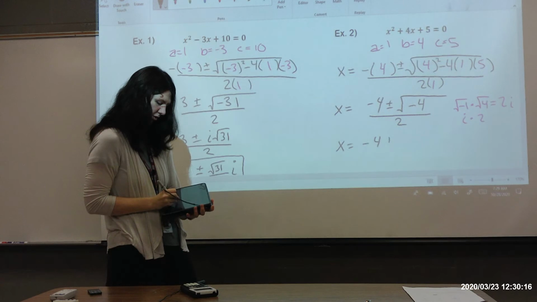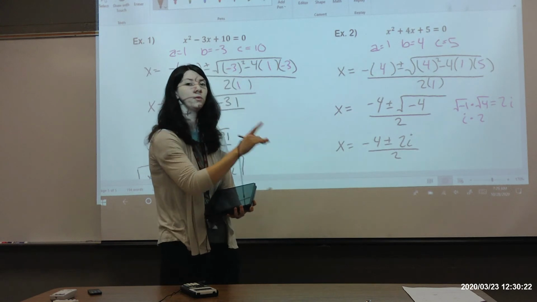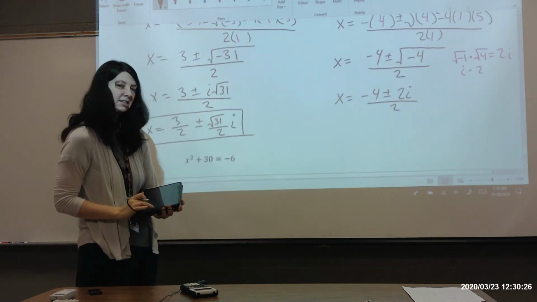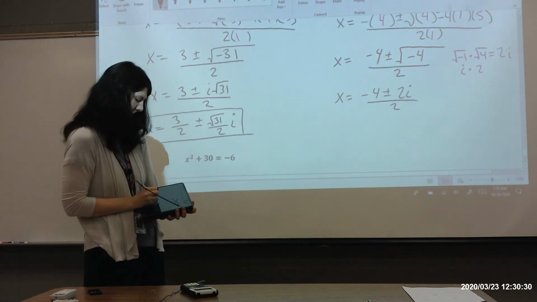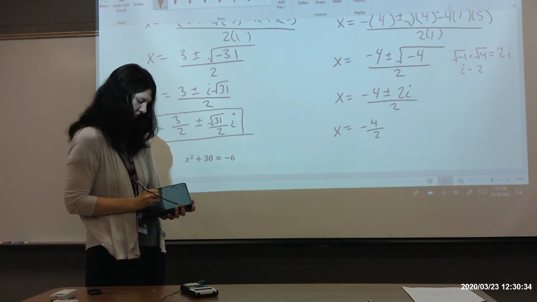Negative 4 plus or minus 2i over 2. Okay, we are simplified with our radical, but we are not in a plus bi form yet. So let's take that step of splitting it apart so we have our a and our bi.